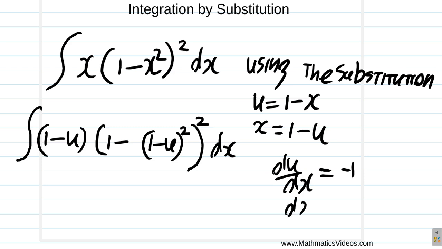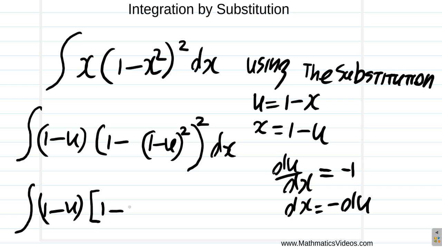So dx would be equal to negative du. So here we have the integral of 1 minus u times (1 minus u) squared, negative du, which is dx.